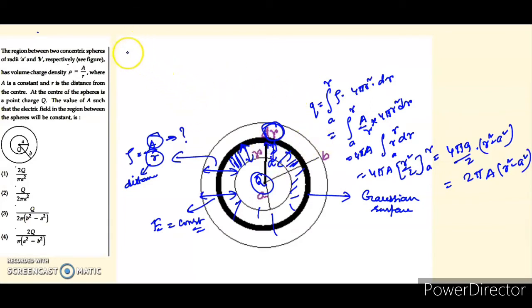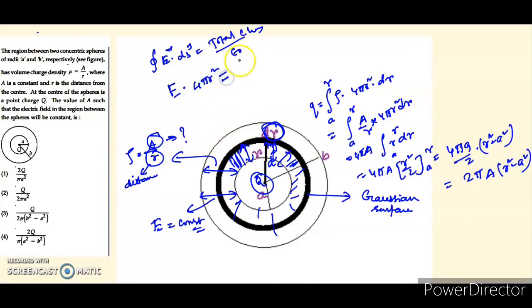Now according to Gauss law, E dot ds is equal to total charge by epsilon naught. So here E is a constant in this region and ds, that is total surface area, is 4π r².